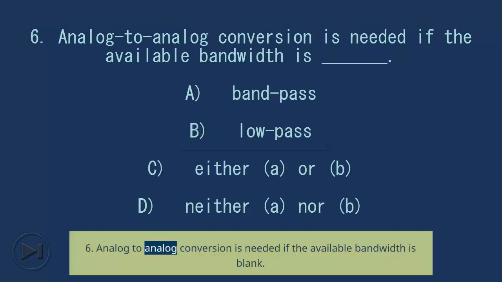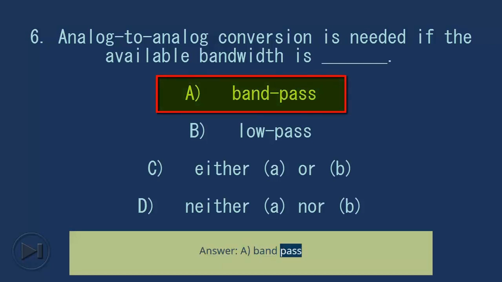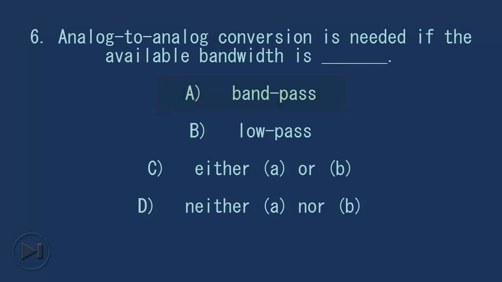6. Analog to analog conversion is needed if the available bandwidth is blank. A. Band pass. B. Low pass. C. Either A or B. D. Neither A nor B. Answer, A. Band pass. 7.